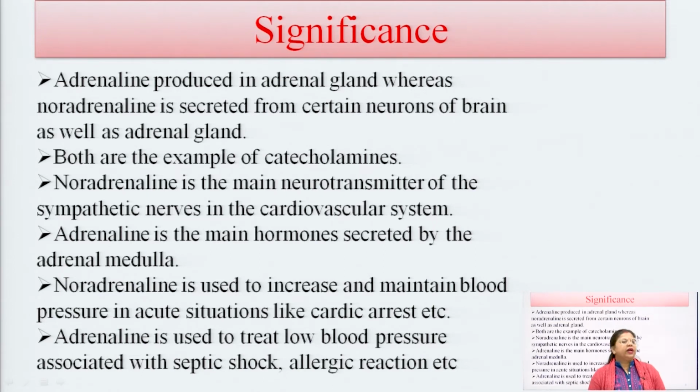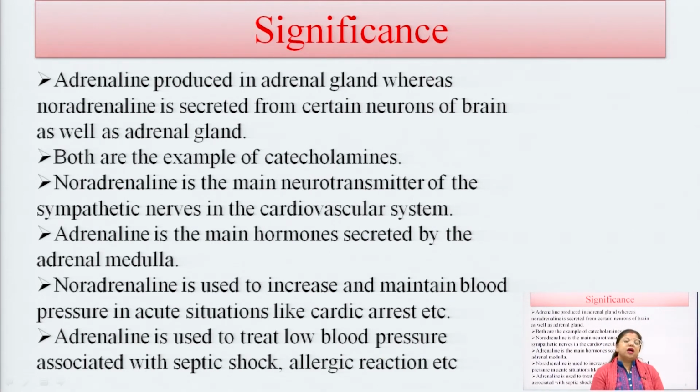The difference between noradrenaline and adrenaline is in their structure, because adrenaline has a methyl group and noradrenaline does not have a methyl group, having just the amino group in its structure.